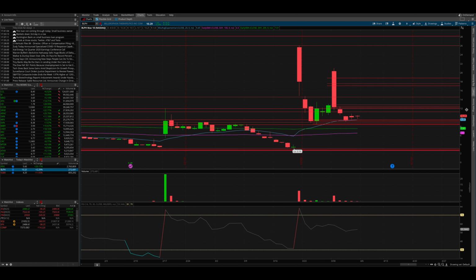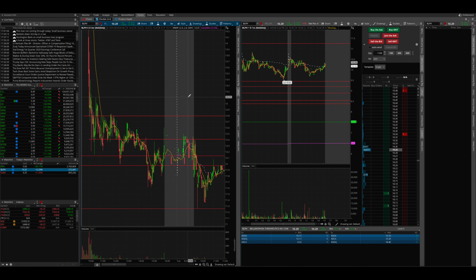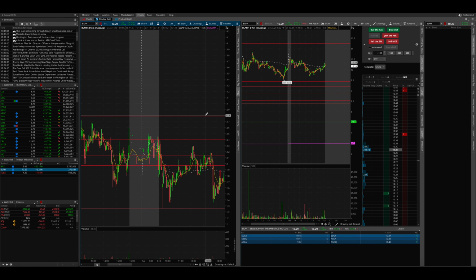It may seem overwhelming, but once you've grasped the concept of support and resistance, pattern recognition, as far as does it look like a bullish setup or a bearish setup, and the concept of volume, how big the spread is on the level 2, all these things take into account where you're going to make your entries and exits and how many shares you're going to buy.